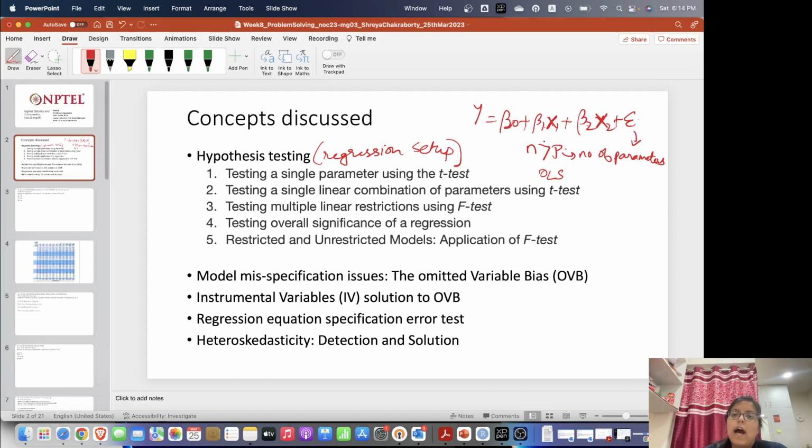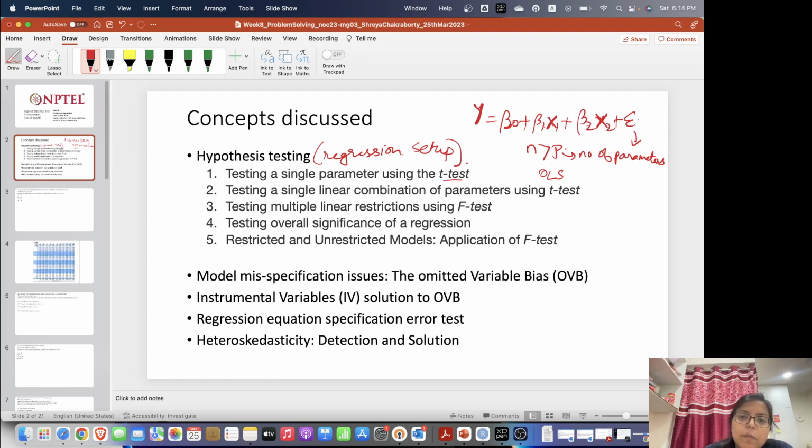Now we are interested to see if the variables that we are considering in our model add value, or are they sufficiently enhancing the prediction that we are obtaining for y. So for that, if we have a single parameter test, like for example if we want to test if beta 1 equal to 0, then we would go for a t-test.